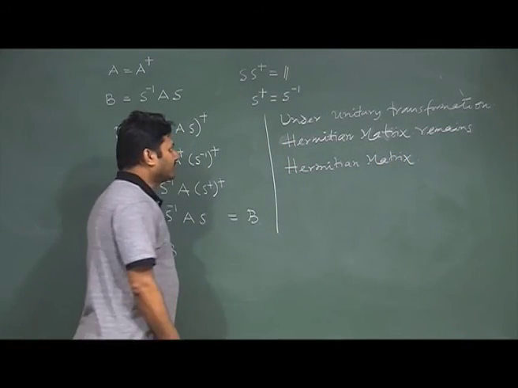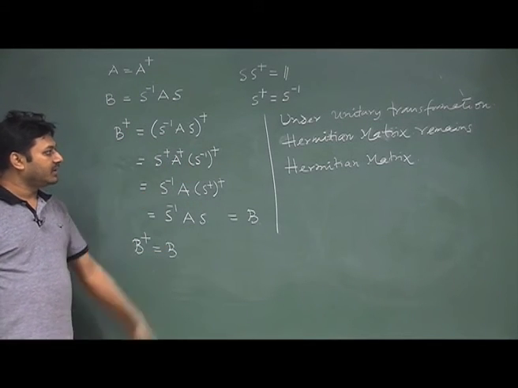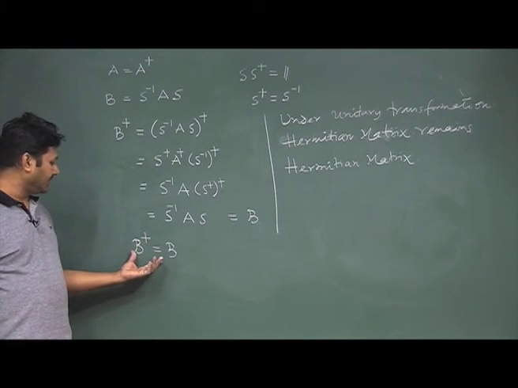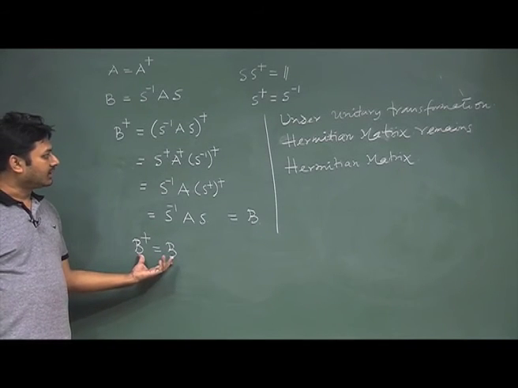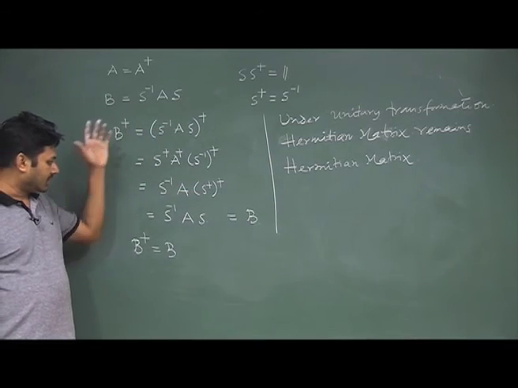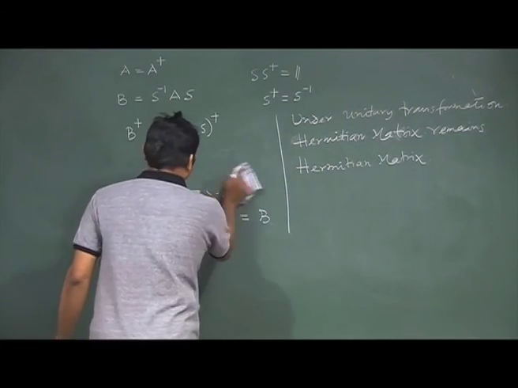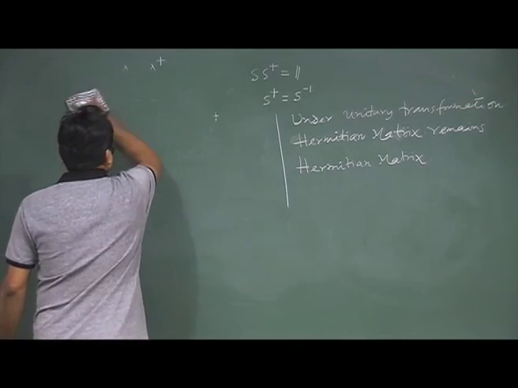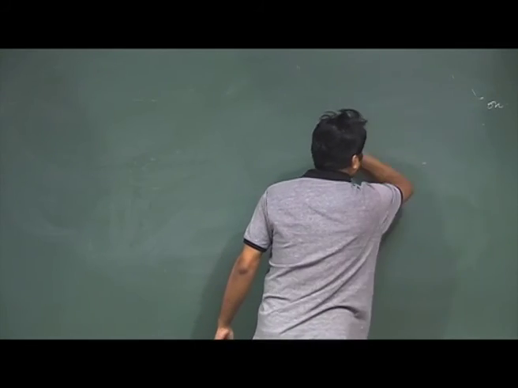So, you make a unitary transformation, a Hermitian matrix is given to you. After making a unitary transformation, you have a new matrix, say B. So, B is also Hermitian. That is the conclusion in this entire thing. Okay. So, this is a small thing I wanted to mention, that is the property.